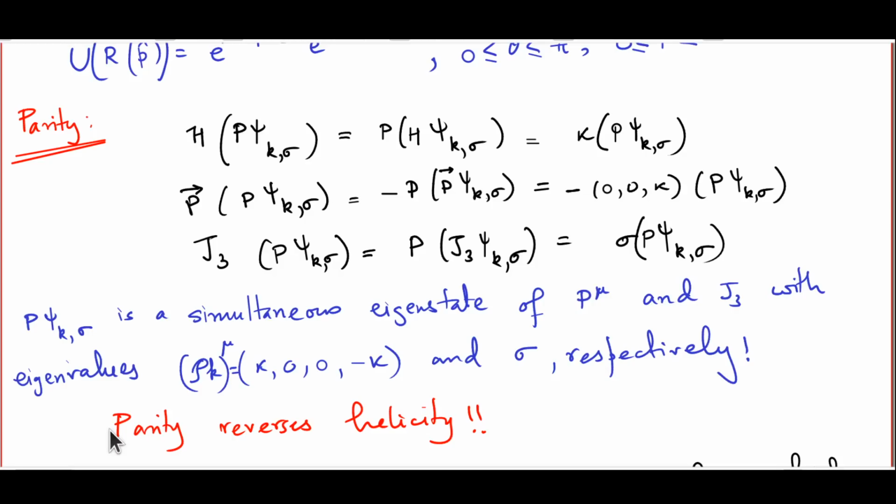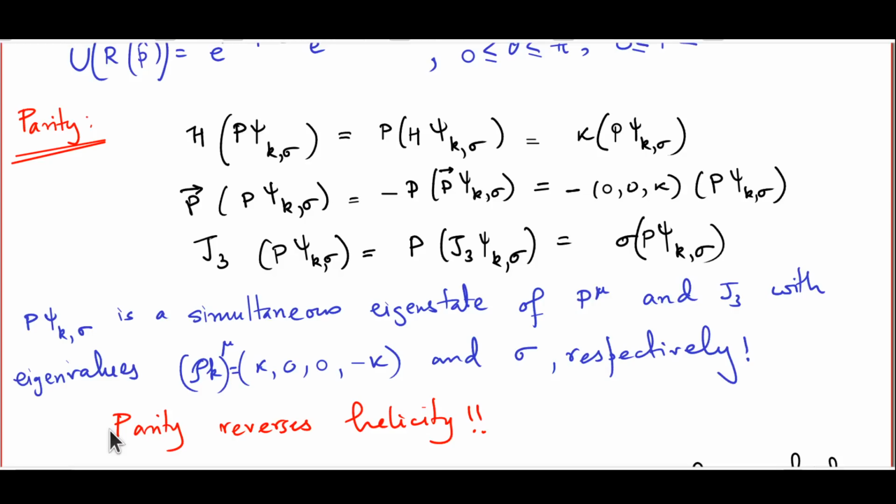So this brings us to a very, very important conclusion. The helicity, the component of the angular momentum in the direction of the momentum, gets reversed under the action of parity. J3 stays the same, but the momentum reverses. So the component of the angular momentum in the direction of momentum has changed its sign.